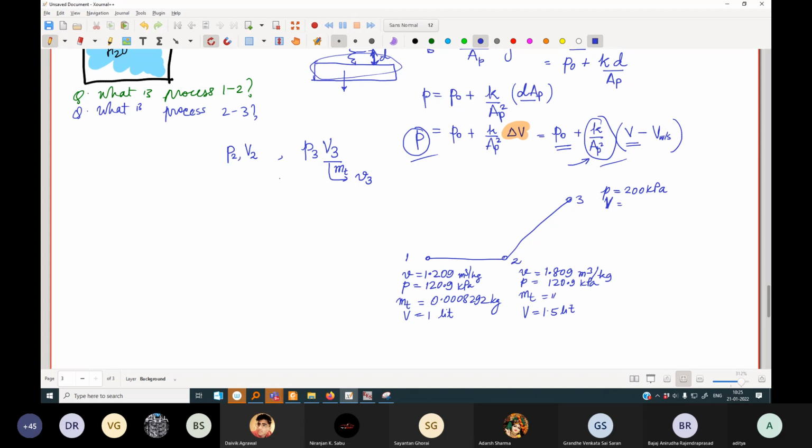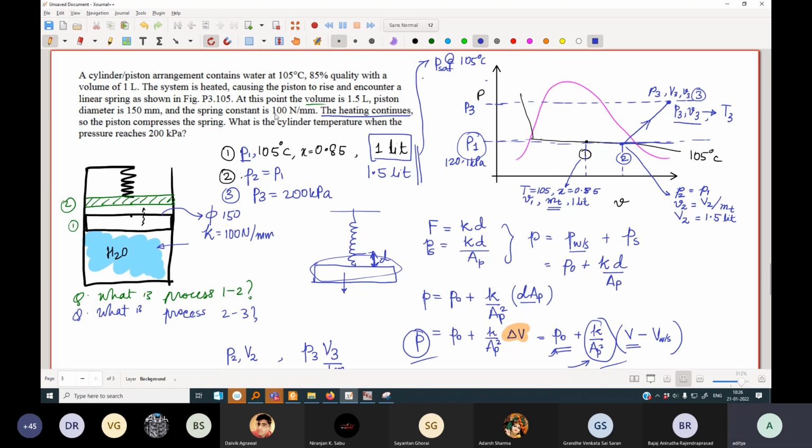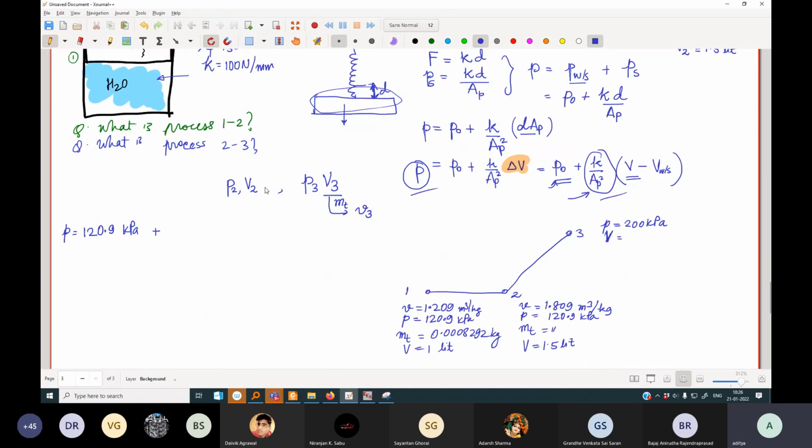Okay, so let's just quickly run the numbers. P is equal to P naught, so P naught will be this 120.9 kilopascal. You need to write down the units here because otherwise you will mess up. Now the unit of K is 100 Newton per mm. So this is 100 Newton per mm divided by the area of the piston squared.